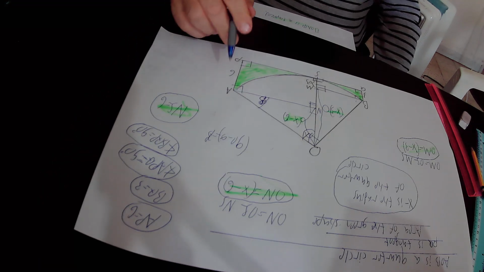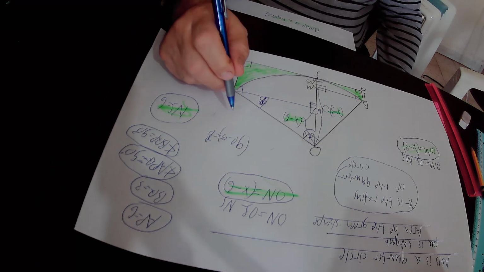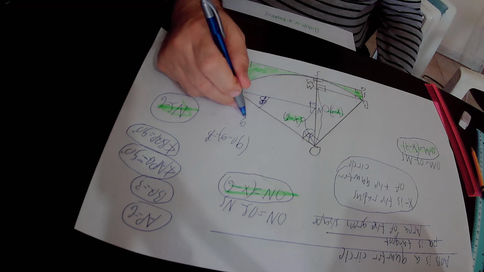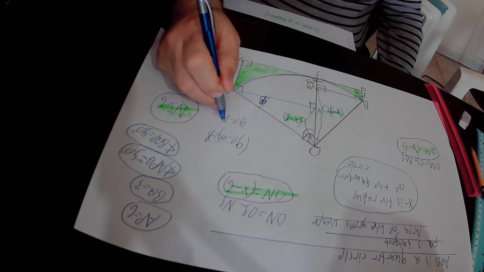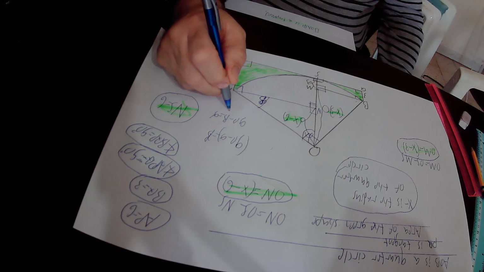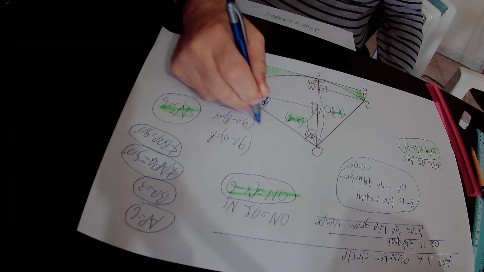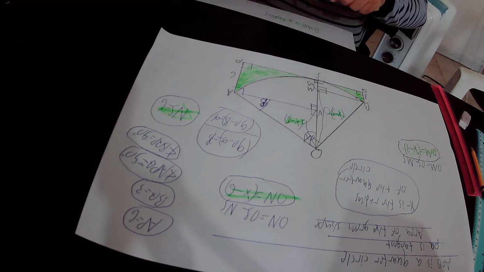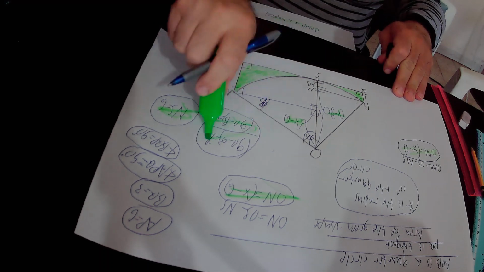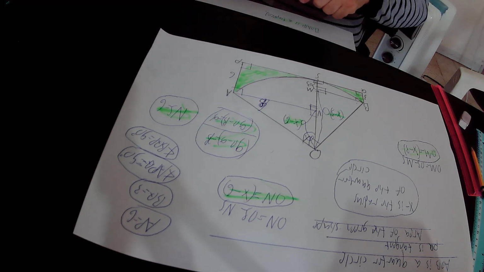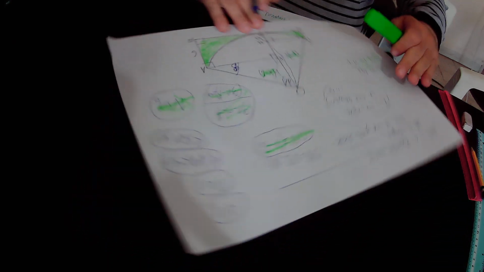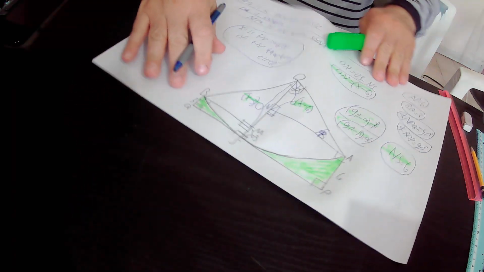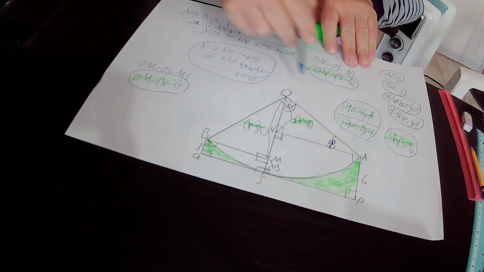If 90 degrees minus alpha equals beta, it means that 90 degrees minus beta equals alpha.